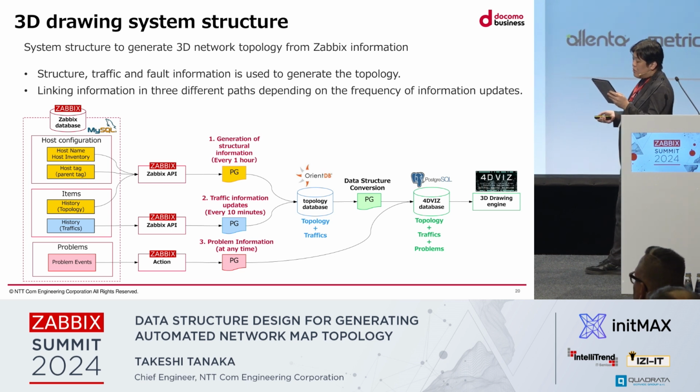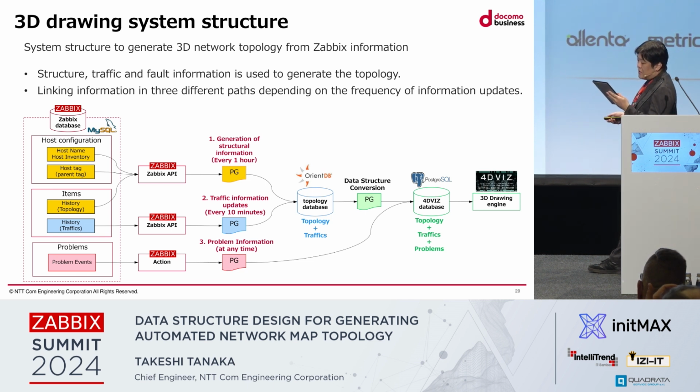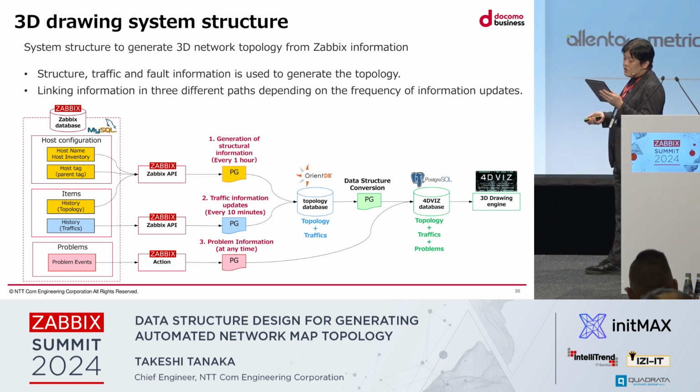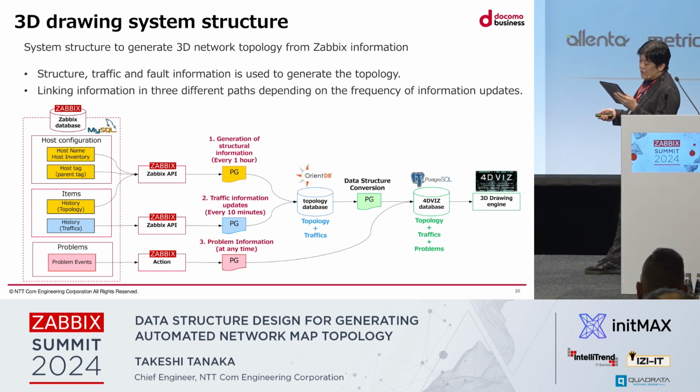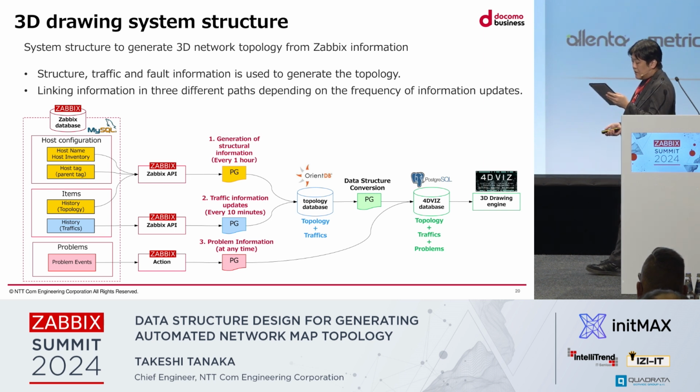The traffic value information is captured every 10 minutes. Fault information is distributed using Zabbix action as they occur. They enable both real-time drawing and reduced load.